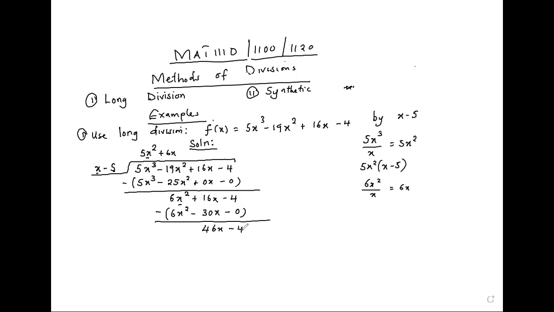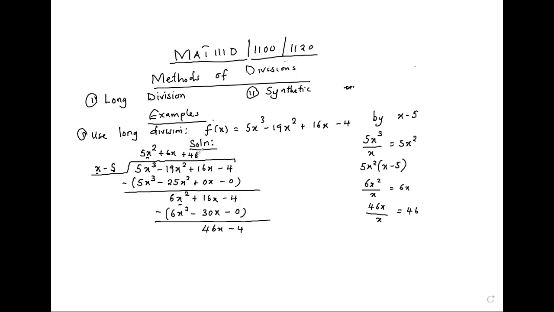We check again. The power of this x, is it equal or higher than the power of the divisor? The powers are equal, so we divide again. So we have 46x divided by x, giving us what? 46. So we get 46 up here. It is positive.